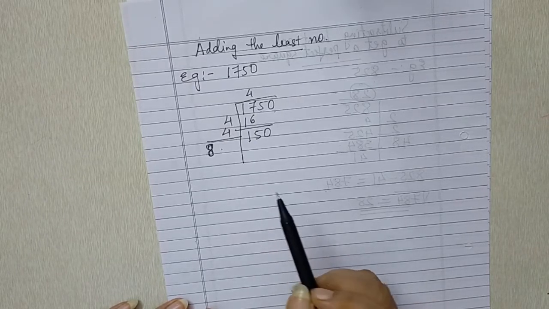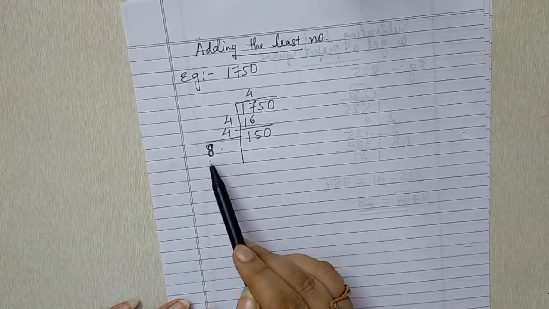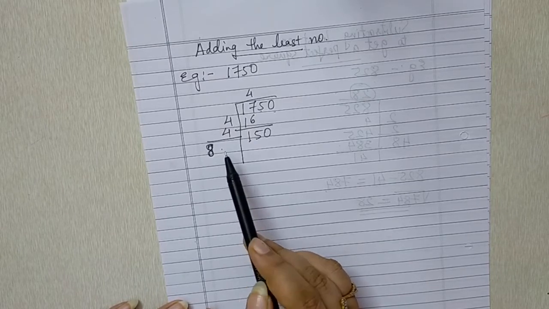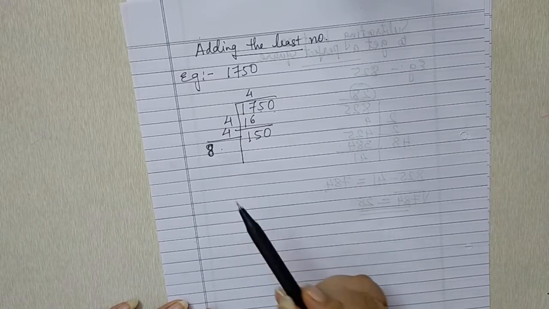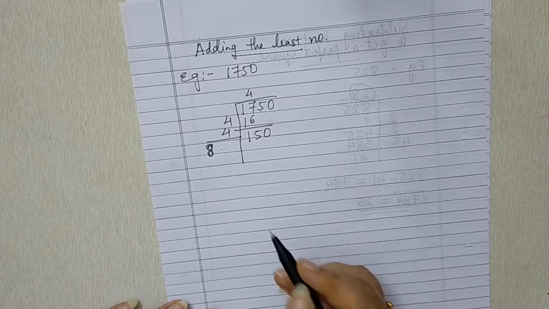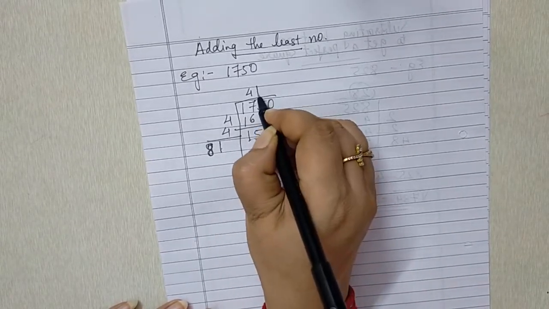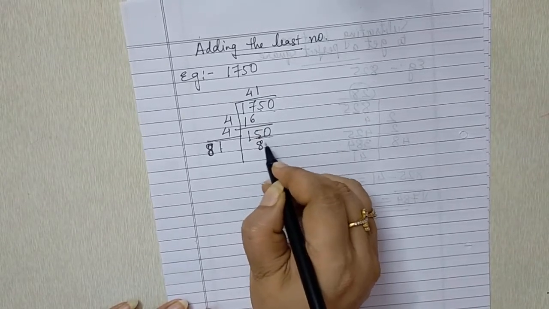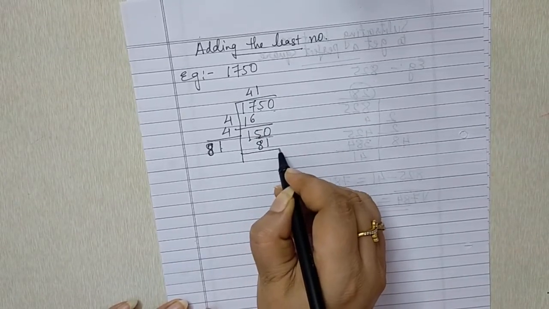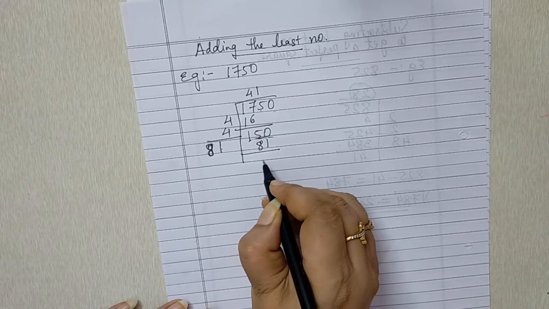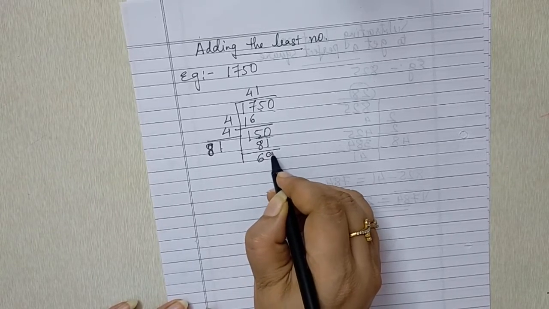We cannot follow the properties. So 81 ones are, it will be 81. 82 twos are, it will be 164, which will be greater than this. So we have to take 81 ones are only. Now what remainder we got is 69.